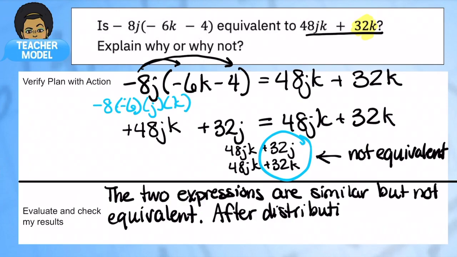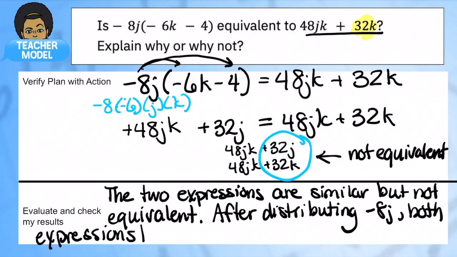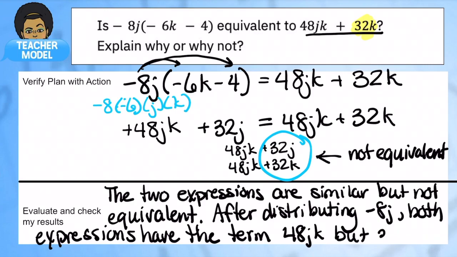After distributing negative 8j, both expressions have the term 48jk, but 32j is not equal to 32k.